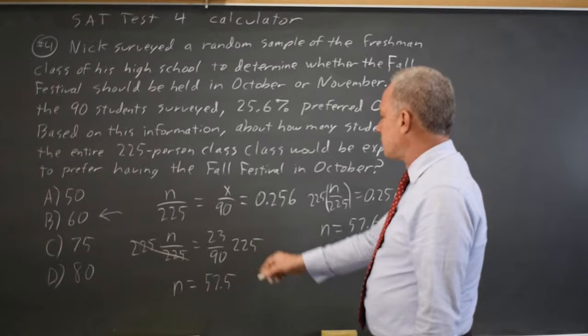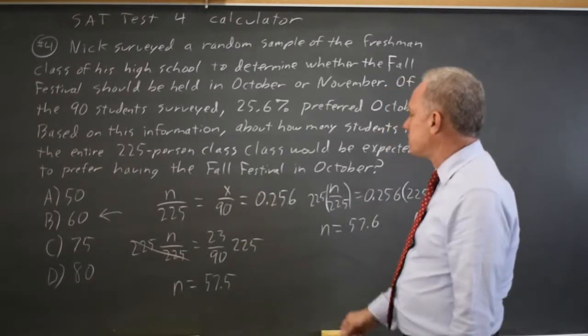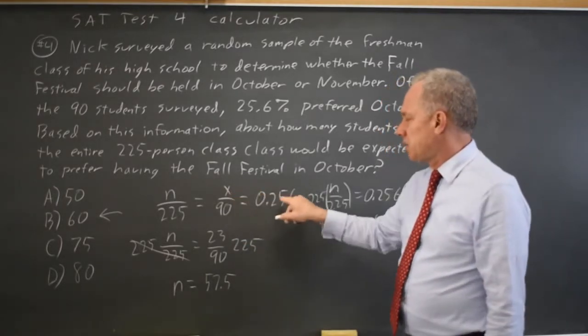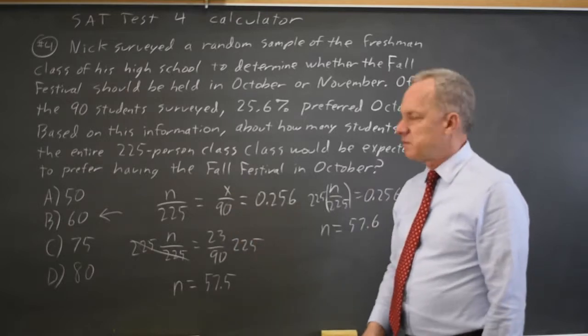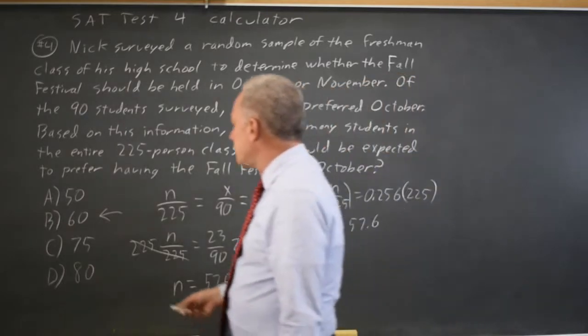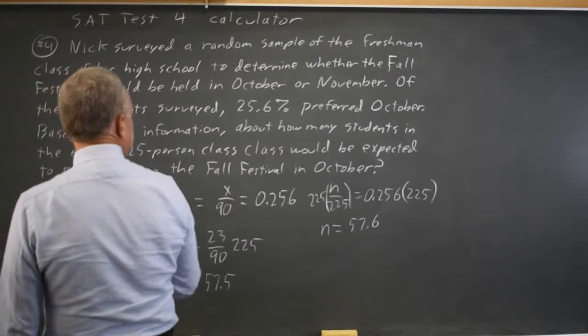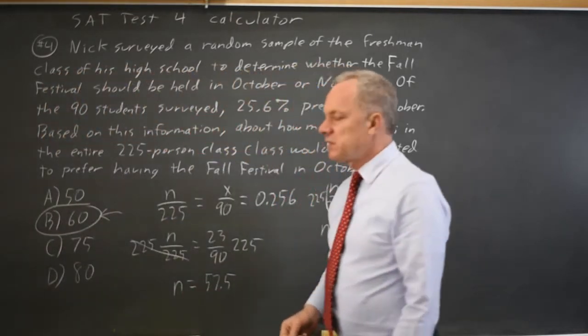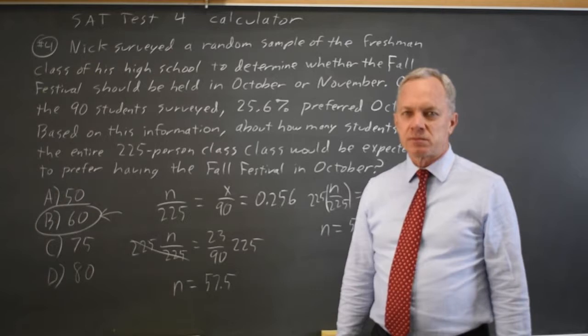The difference is due to the rounding between 23.04 here and exactly 23 if we assume x is a whole number. But either way, the closest answer is 60, and they said about how many?